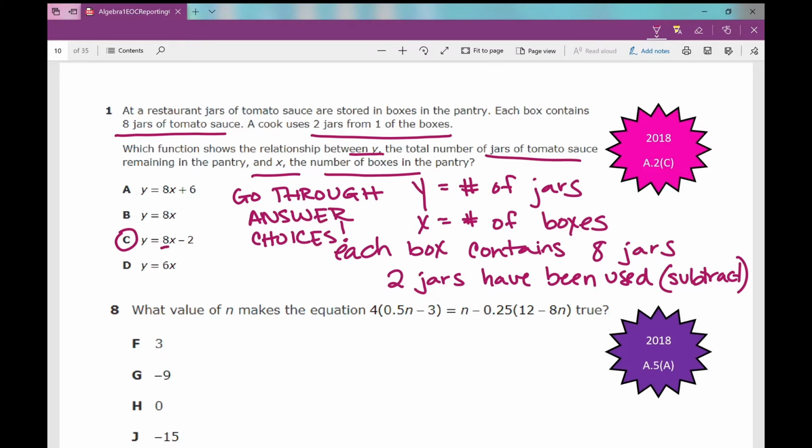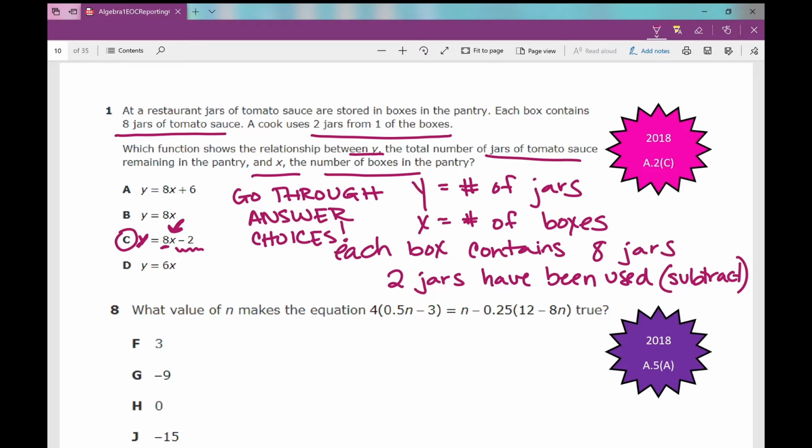So 8 times the number of boxes will give me the total amount of jars of tomato sauce. But then if I subtract 2, that'll show how many jars of tomato sauce are in the pantry, okay? And y equals the number of jars, so y equals the number of jars will equal this.